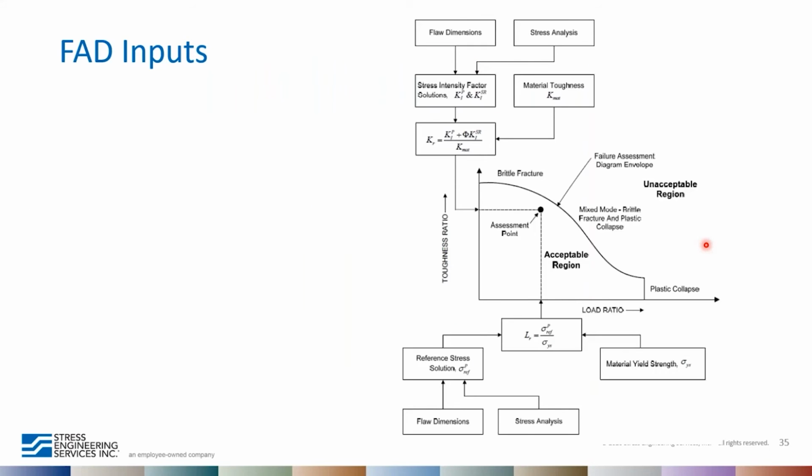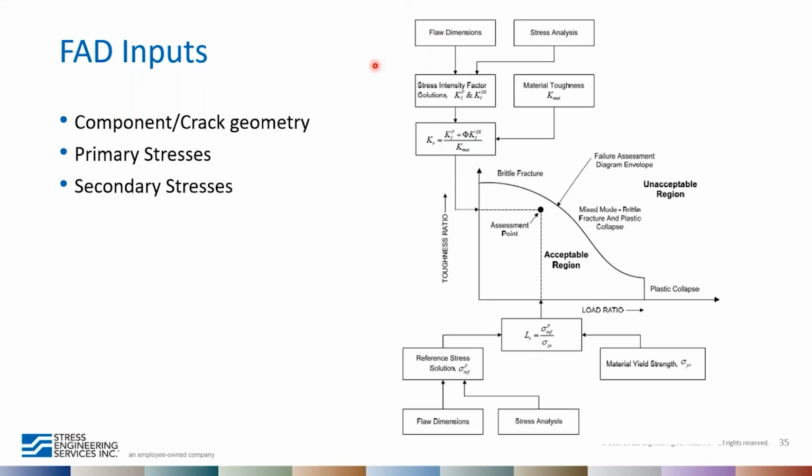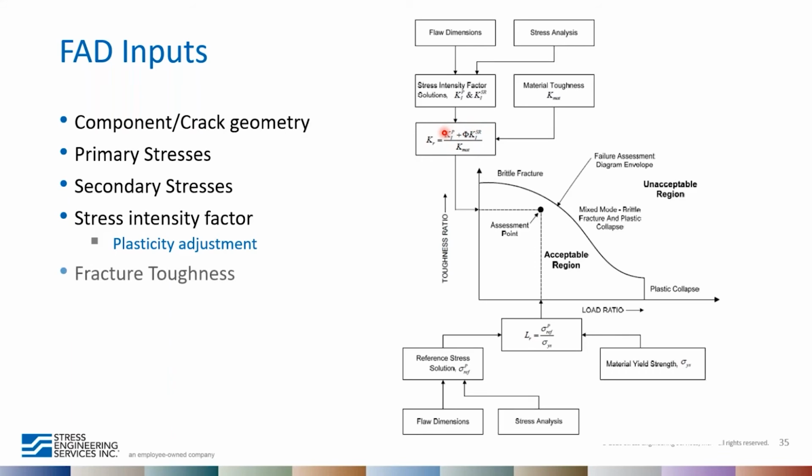Okay, so at the end, we could look broadly at all of these inputs and how they come into the FAD. So we have the crack component geometry in terms of flaw dimensions coming in. We have primary and secondary stresses that are considered as well. And both of those go into making the stress intensity factor, which is the numerator of this ratio here.